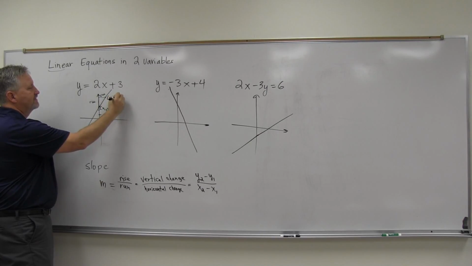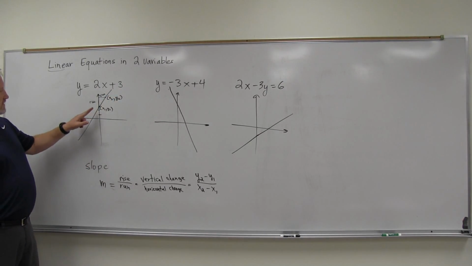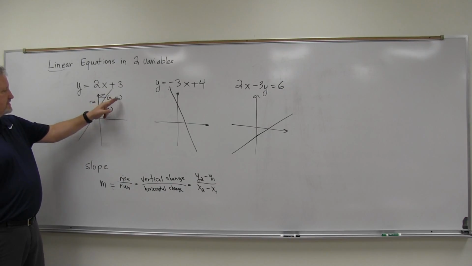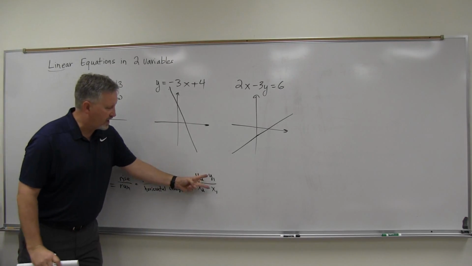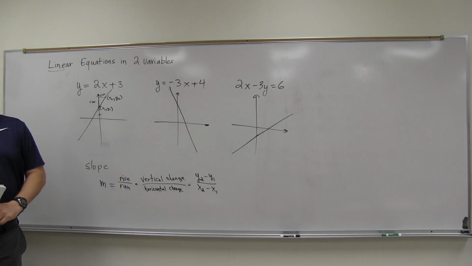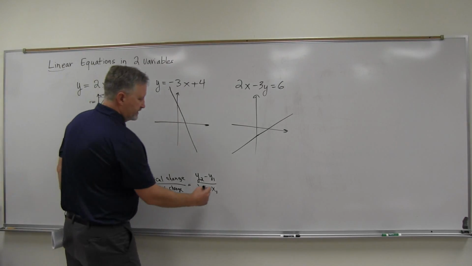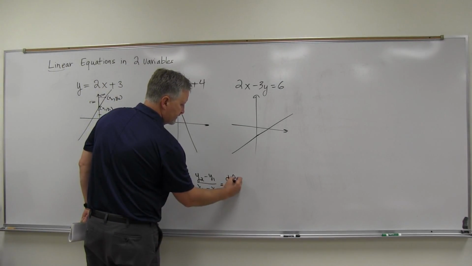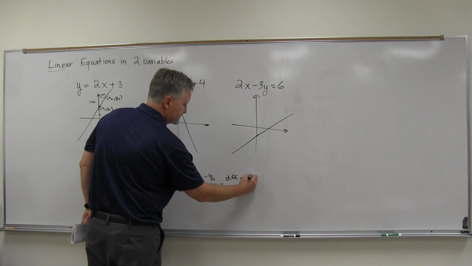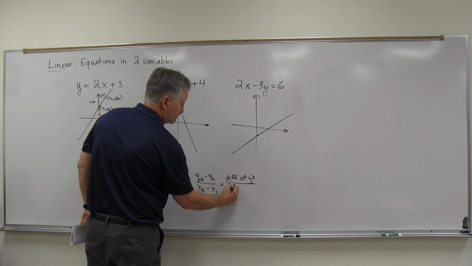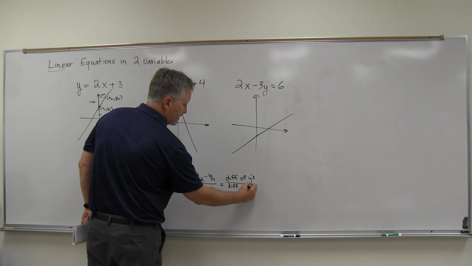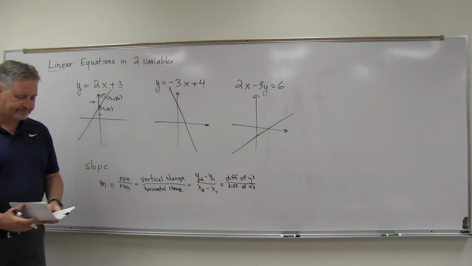The first point's x1, y1, the second point's x2, y2. So you do the difference of the y's over the difference of the x's, and that's another way to remember it. So the y's are on top, right? The x's are on the bottom.